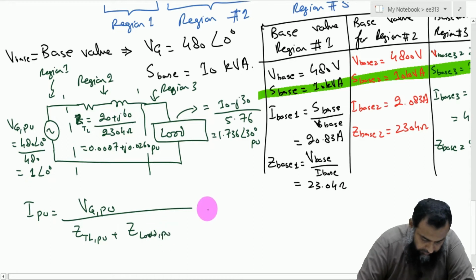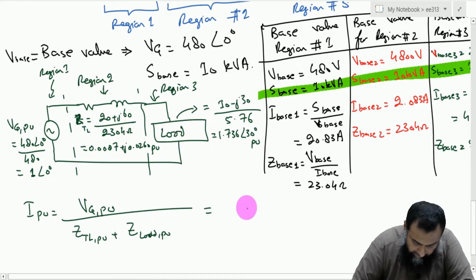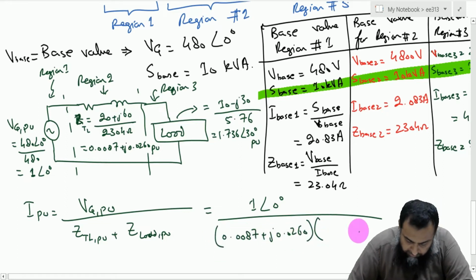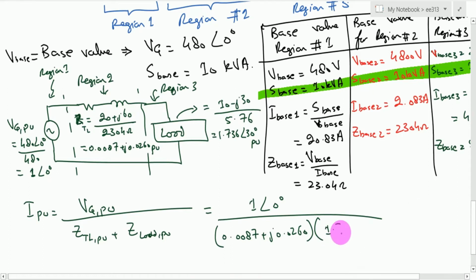So, that is equal to 1 at an angle of 0 degree divided by 0.0087 plus J0.0260, and on the other side we have 1.736 at an angle of 30 degree. So, this I per unit turned out to be equal to 0.569 at an angle of minus 30.6 degree in per unit. So, this is the total amount of current which is flowing here. This is I per unit.